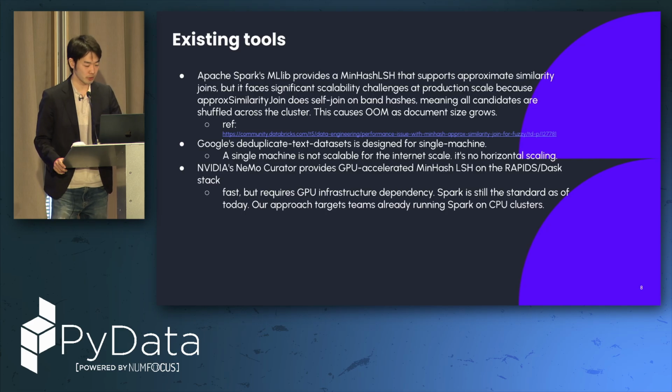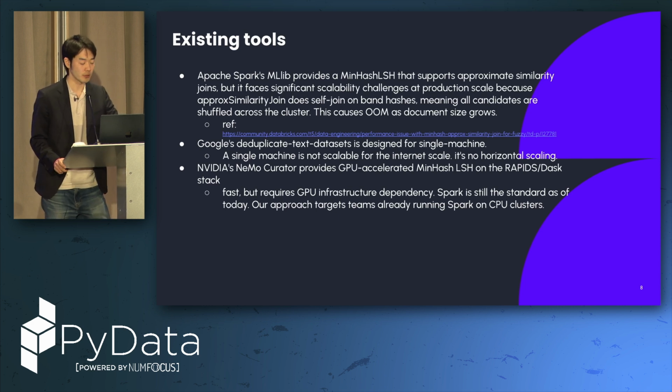It's fast, really fast, but it requires GPU infra dependency. For a lot of enterprise users, Spark is still the standard for the majority of users as of today. So our approach targets teams already running Spark on CPU clusters.